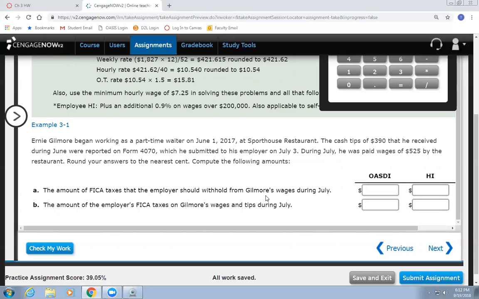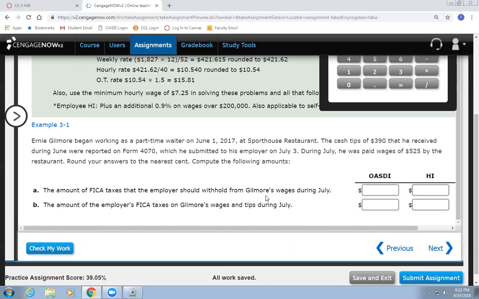Whenever the company does payroll, they're going to look at what the employer paid them in hourly wages plus the earned tips for their total taxable wages. And then they're going to calculate federal withholding, state withholding, FICA, all of that from that amount.